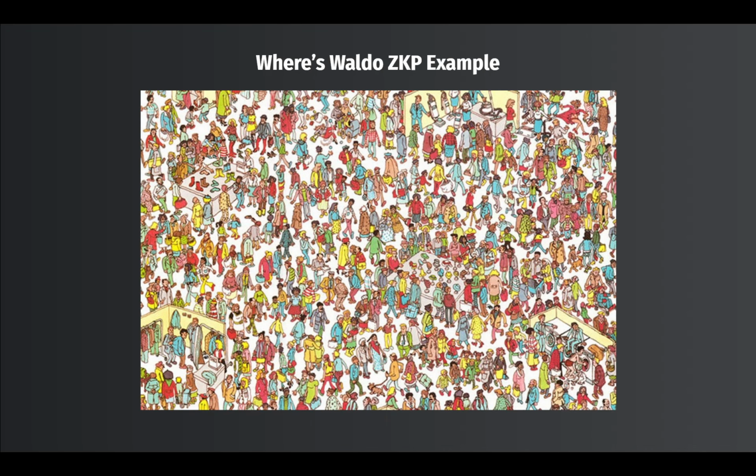However, to prove to you that Waldo is here, I cannot just show you where Waldo is in this image. We can assume that I make a living off of telling people that I know where Waldo is without showing them where he is.